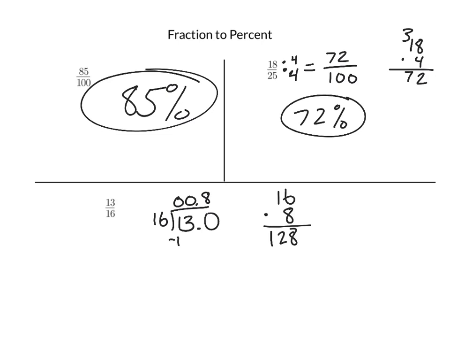Okay, so I'm going to subtract 128 here, and I'm going to get 2. So I'm going to put another 0, bring it down. Okay, 16 goes into 20 once. So I'm going to subtract 16. I get 4, put a 0, bring it down.